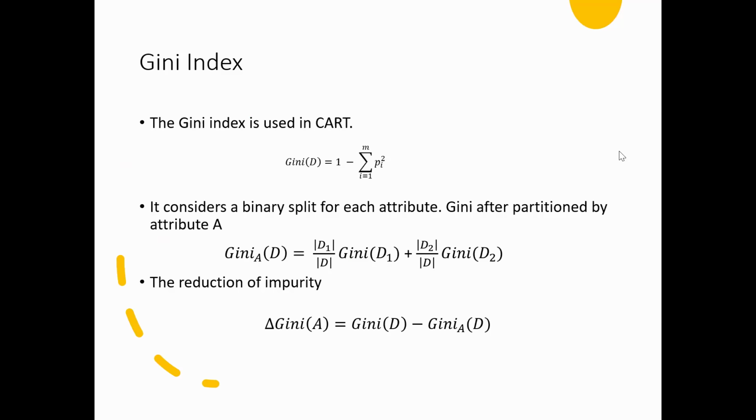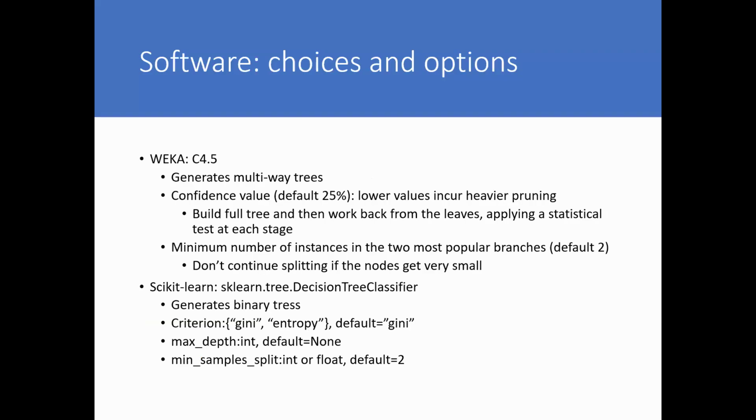So if you look at the software available for you to implement decision trees, Weka is another toolbox we use for machine learning and data mining. And Weka also can be called within Python, which I think we have discussed previously. But let me discuss today's one.